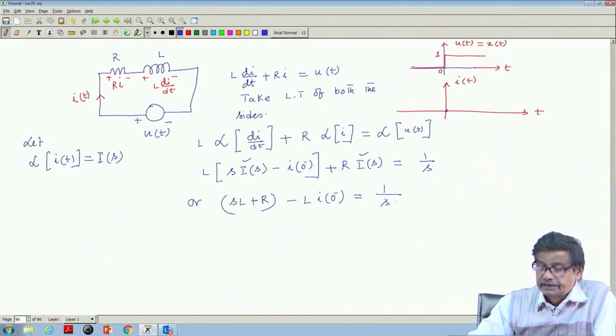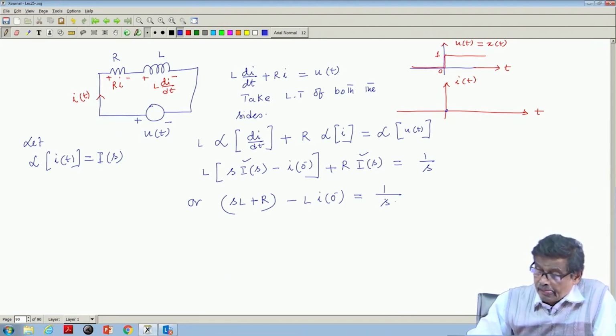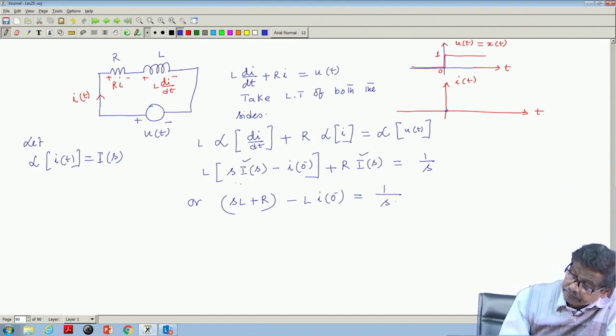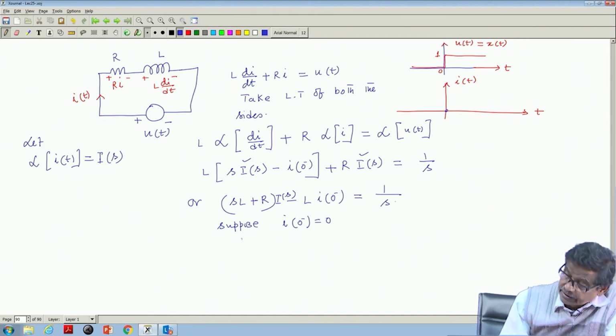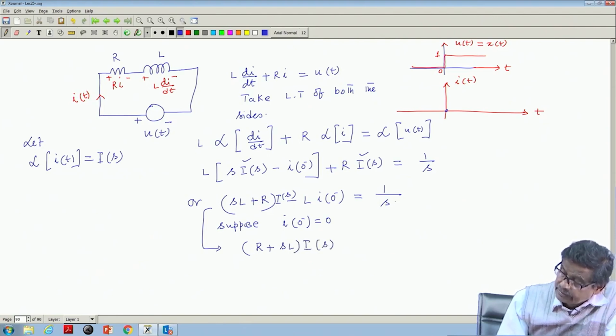Suppose i(0-) is equal to 0, there was no initial current, then this equation would have been R plus sL into I(s) is equal to 1 over s, is not?